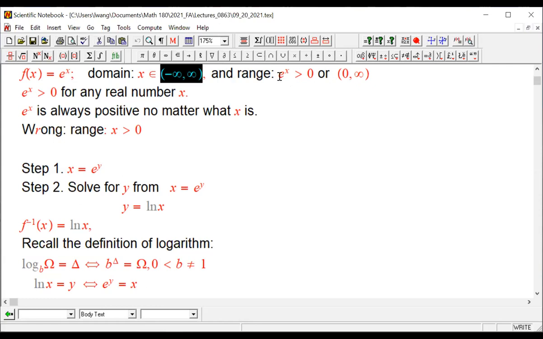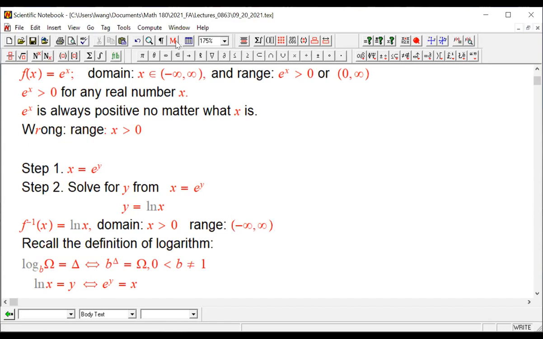The range is positive numbers. So the domain at this moment is already decided. The domain now, the input, would be what? Larger than 0. And the range is what? All real numbers.